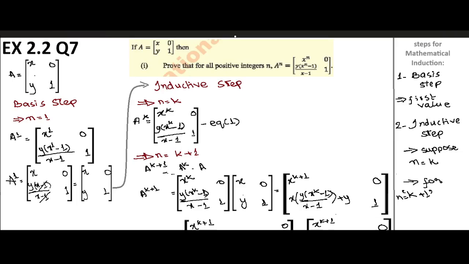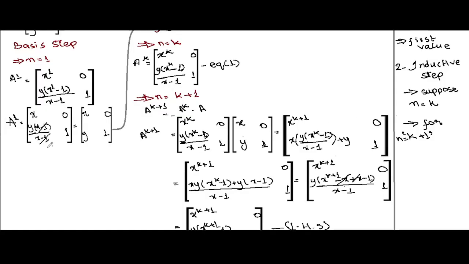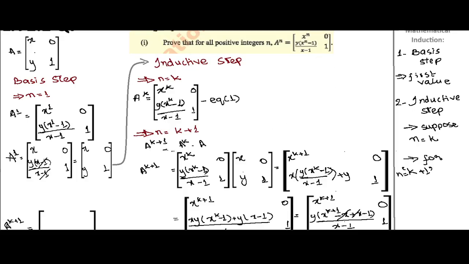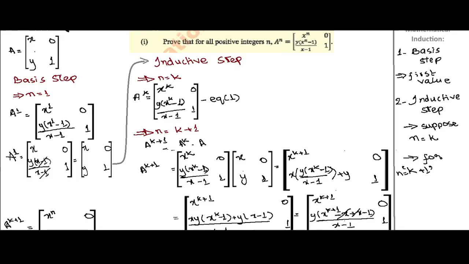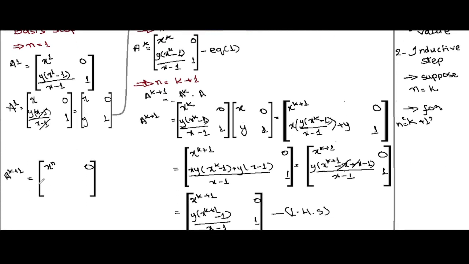So we are going to write it as a raised to the power k plus 1 equals to x raised to the power n and 0. We are going to write it over here, x raised to the power n, 0, and then y into x raised to the power n minus 1 whole divided by x minus 1, and 1.